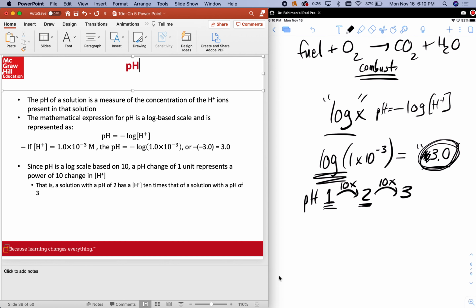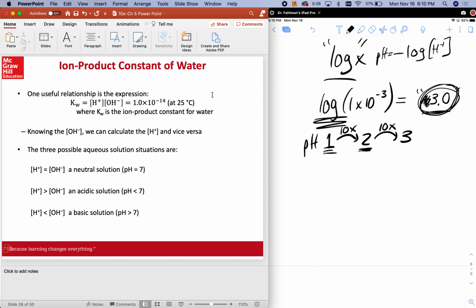I think this is probably a little too complex, and I'm not going to get into this really this semester. What's important for this semester is just knowing what pH values you have for an acidic, basic, or neutral solution.